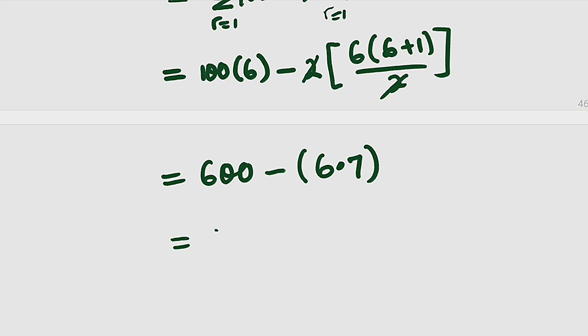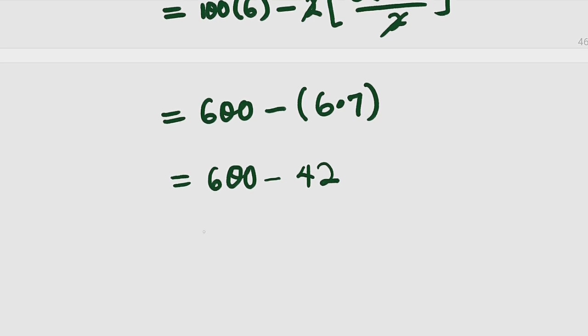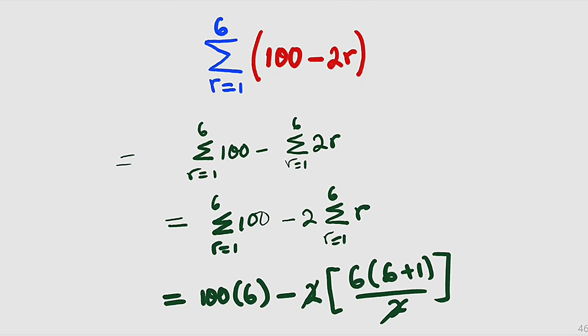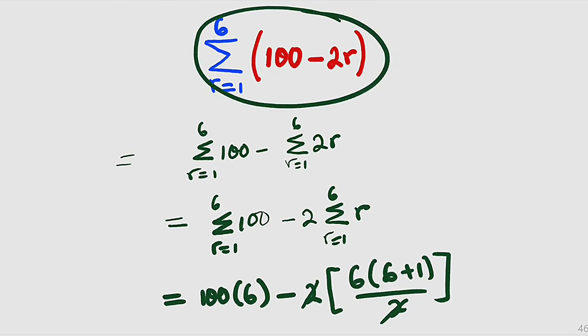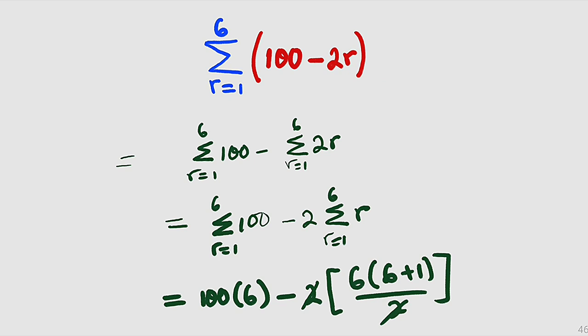So this is the same thing as 600 minus 6 times 7, which is 42. And what is 600 minus 42? That will give us 558. So the moment you take the summation of the whole of this, you're going to get 558.